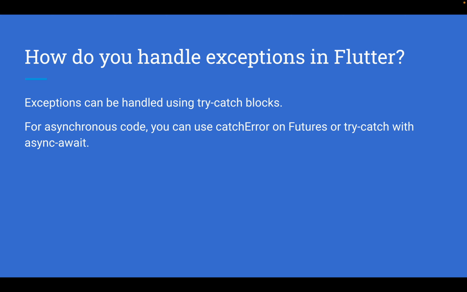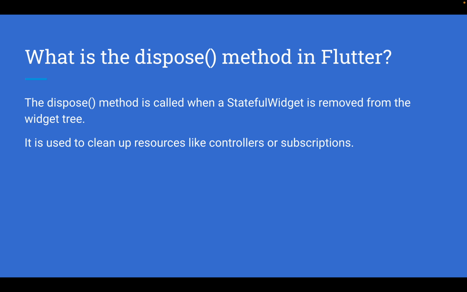How do you handle exceptions in Flutter? Exceptions can be handled using a try-catch block. For asynchronous code, you can use catchError on a Future, or try-catch with async and await. What is the dispose method in Flutter?